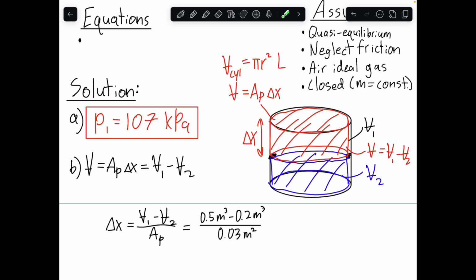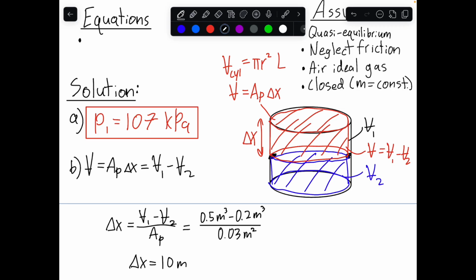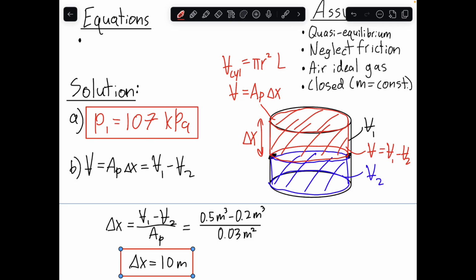And just checking the units, this meter squared will cancel out with 2 of the meters from above, and we'll be left with an answer that is in meters. So that makes sense because we want our delta x to be in meters. So then we'll get delta x is just equal to 10 meters once we plug this into our calculator. So this is our final answer for part B.